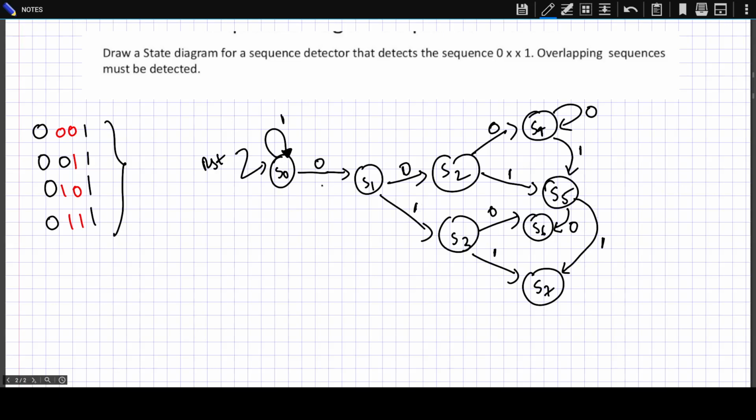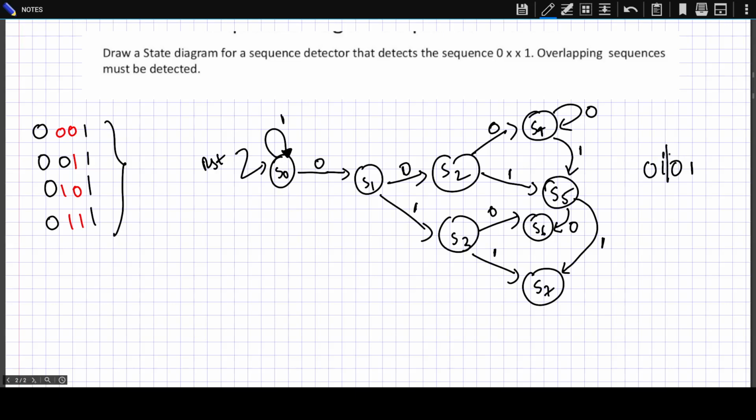Okay, now state S6 matches 0 1 0. If it gets a 1, it would complete the pattern and go back to the place where it matches. We want a sequence which starts with 0, so the 1 is no use to us.